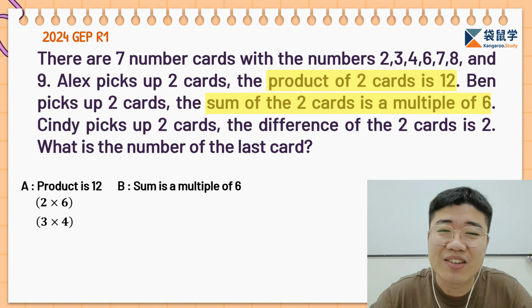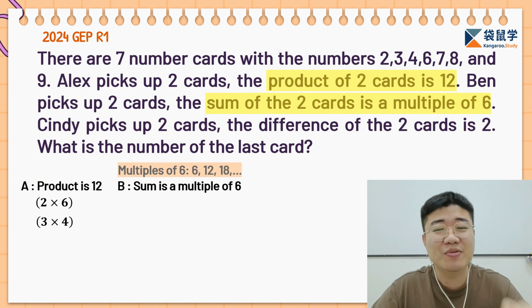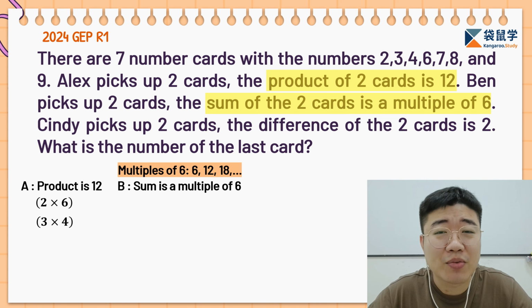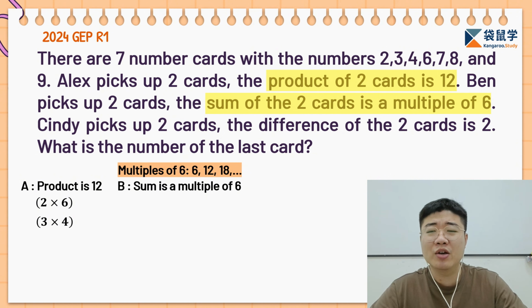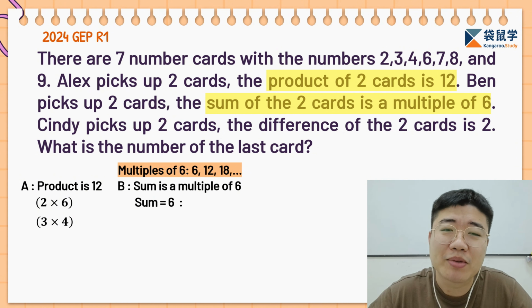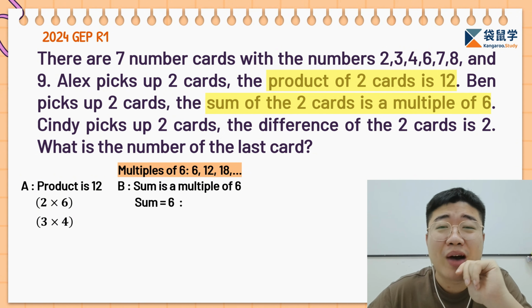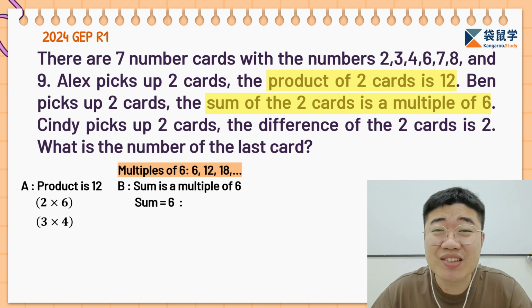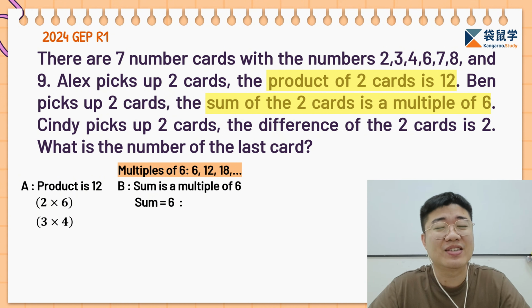Let's list down the first few multiples of 6. We've got 6, 12, and 18. Let's see which of them works. If the sum equals 6, what can be the possible numbers? Can we do 1 and 5? Of course we cannot, everyone, because 1 and 5 are not even given in the question.